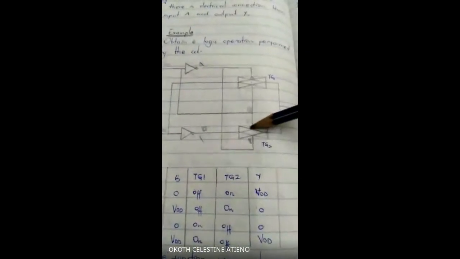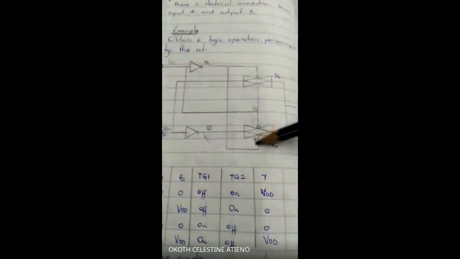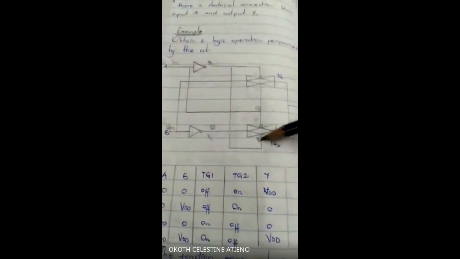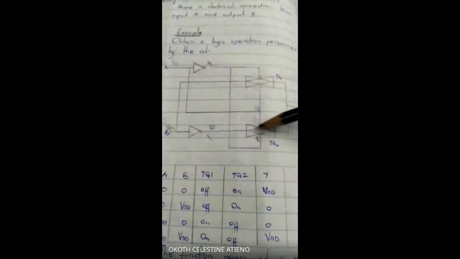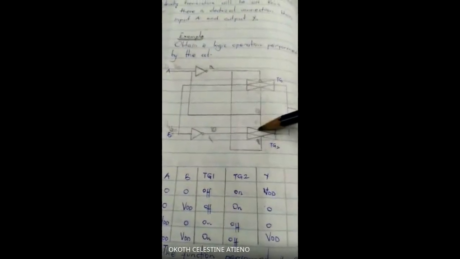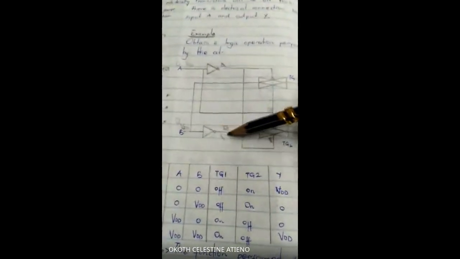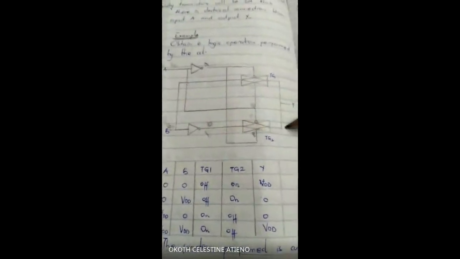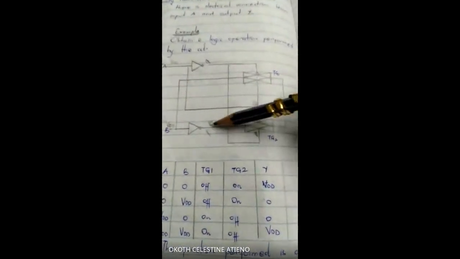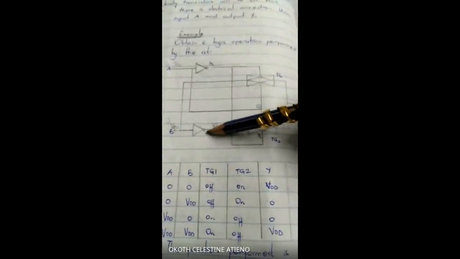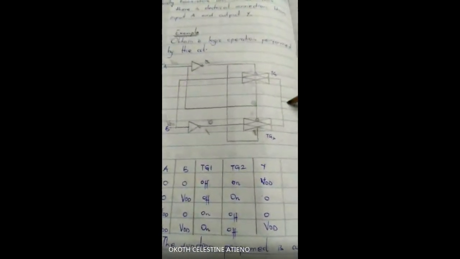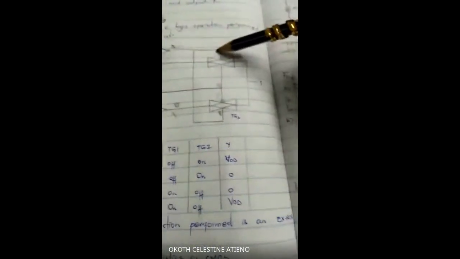In the second part here, there's a 0 here and there's a 1 here. We know NMOS will be turned on by a logic 1, and PMOS will be turned on by a logic 0. So this gate will be open and it will allow the data here to pass through. So we'll see 1 ama VDD kwa output because this is off and this is on.